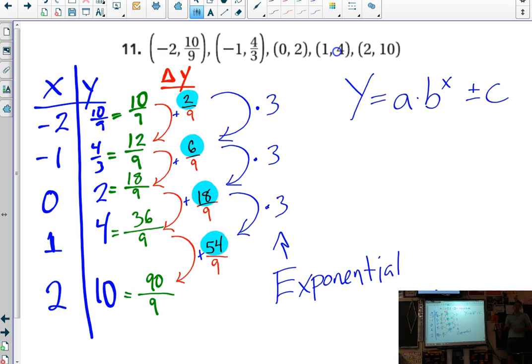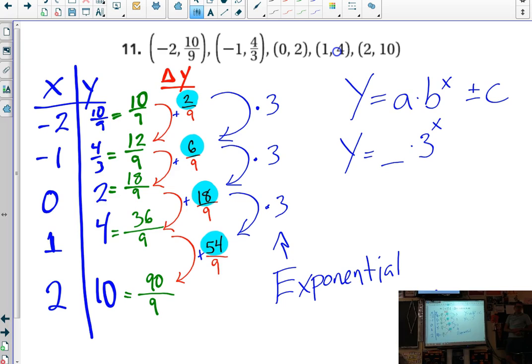My x has to stay my x. It's what term I'm on. It is the b. So this becomes y is going to equal some value, I'm just going to leave it blank for right now, times 3 to the x, the times 3 to the change every time. Because this, to the x, says multiply it by 3 once, or multiply it by 3 twice, or multiply it by 3 8 times, or however far you've gone, you got to multiply by 3 that many times.